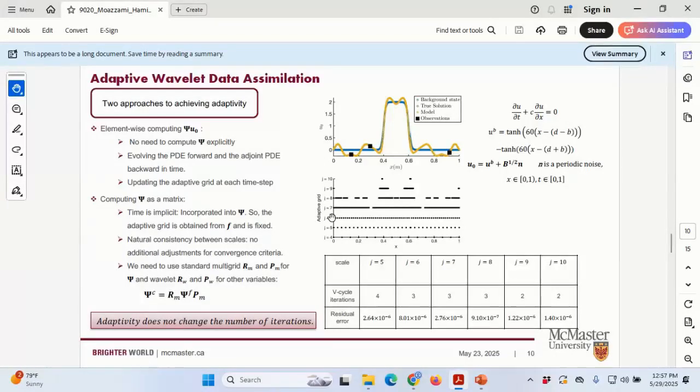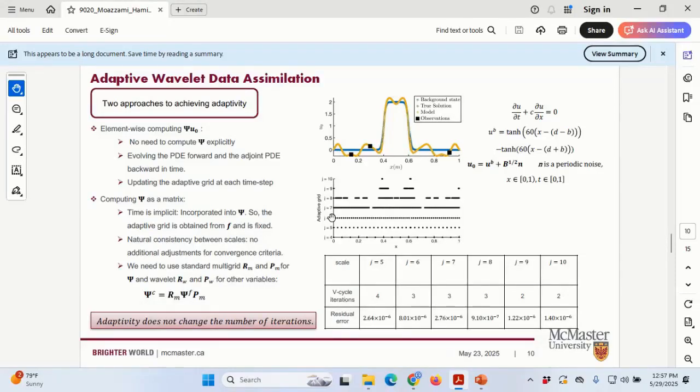Here I want to show you that the adaptivity works with a couple of iterations of the V-cycle at each scale. But here I want to compare two different ways of solving this problem. As you see at the top left, we have two ways to compute psi times u.